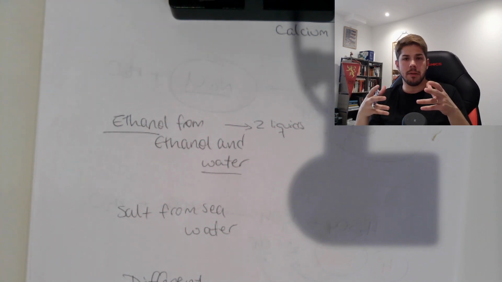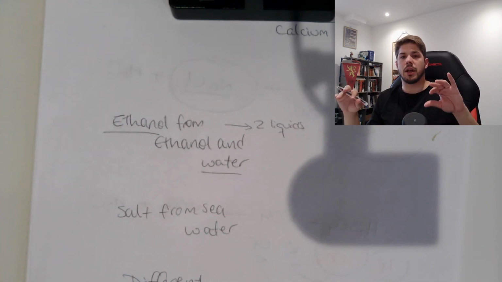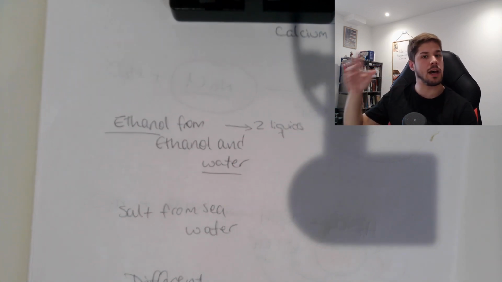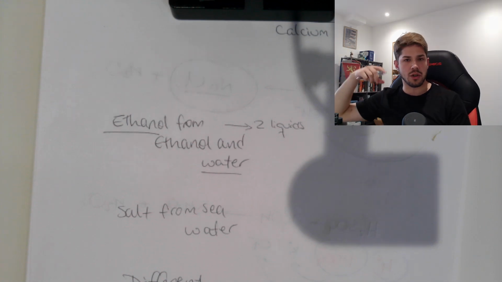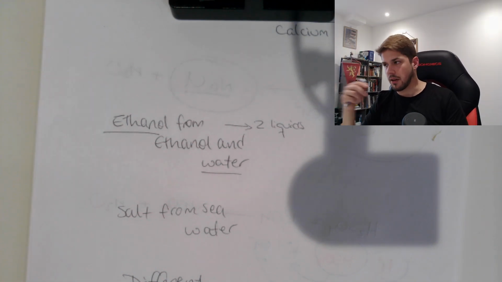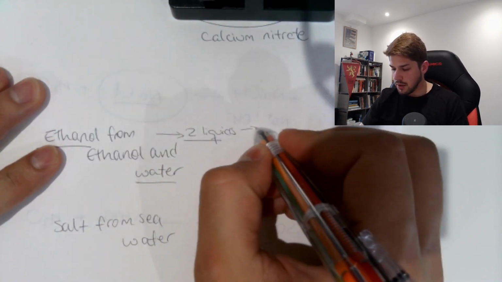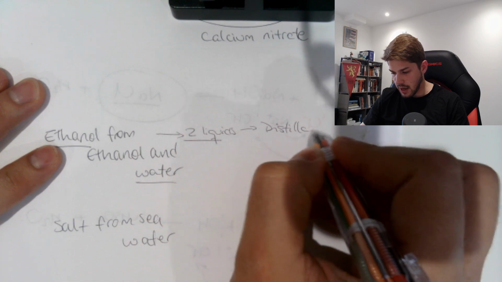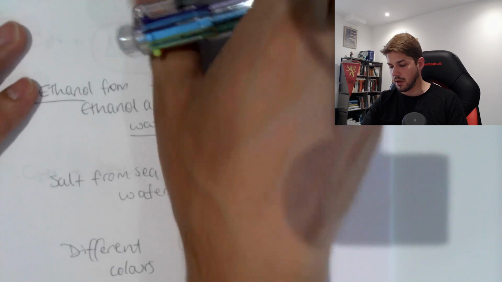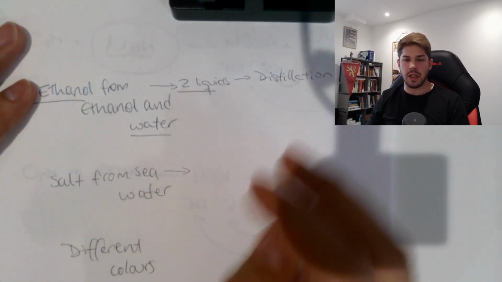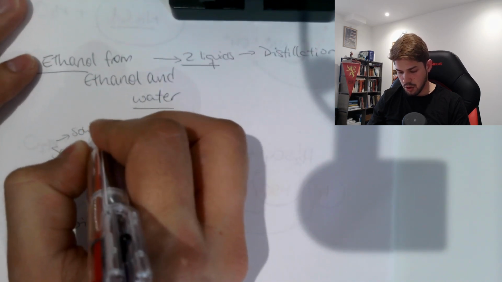So you can heat them up, and depending on when one boils and the other one doesn't boil, you can separate those through distillation. I don't have time, but if you go to Google and you check distillation, you will see the whole distillation display. Okay? So, because obviously we have 2 liquids, we are going to use distillation, which, as I said, is separating 2 liquids based on difference in their boiling point. Salt from seawater. Salt is a soluble solid.